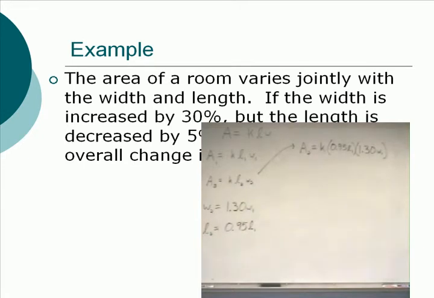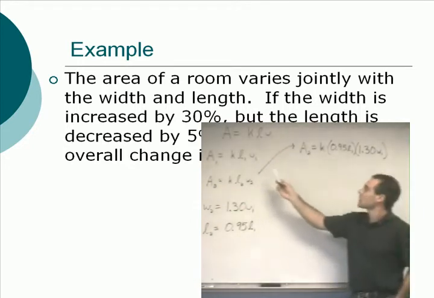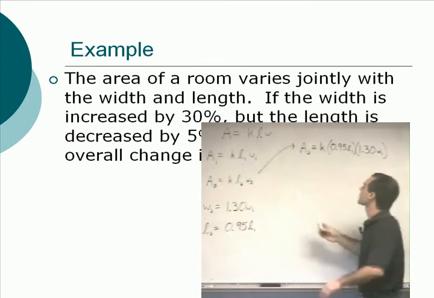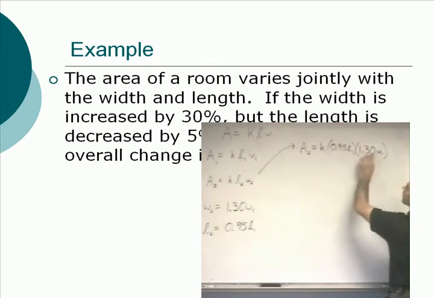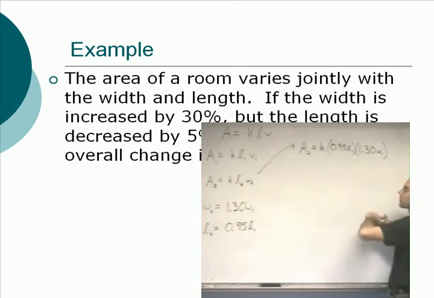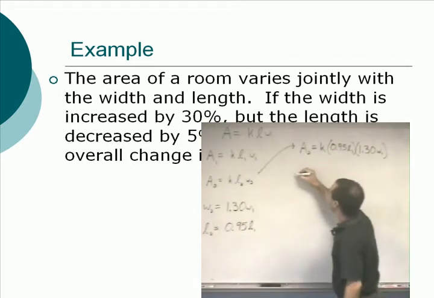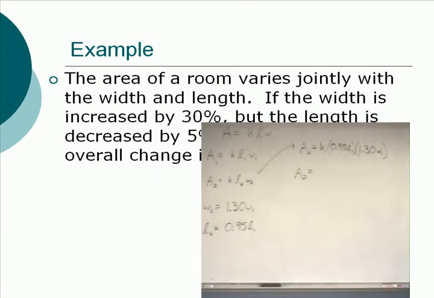Okay, so we made those substitutions. Now what we really want is k L1 W1. That's the area. So we can let all those k, L1, and W1 float to the back, which means we're going to take these factors, multiply them together, and put them out front. So A2 equals 0.95 times 1.3.